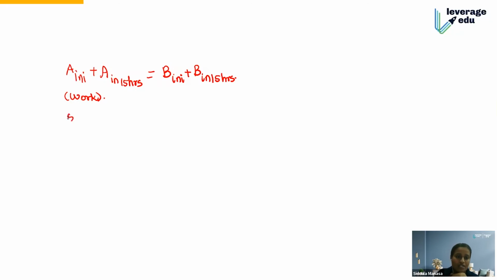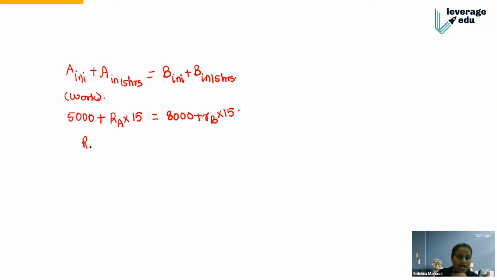Already we know the initial quantity given in the question, which is 5000. Now, in 15 hours, what will be the work? Rate of A into time, which is 15. This will be equivalent to B initial value, which is 8000, plus rate of B into 15. Now, what do you see here? 15 into RA, 15 into RB, and the question is speaking about the difference between the rates, so we can group them together.